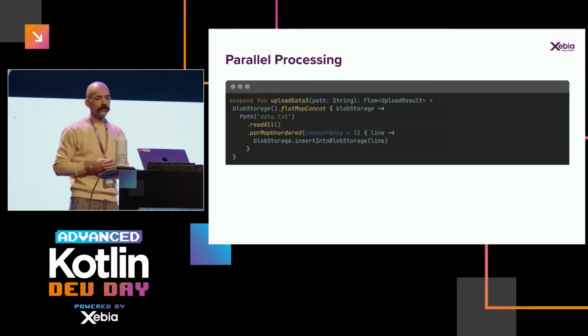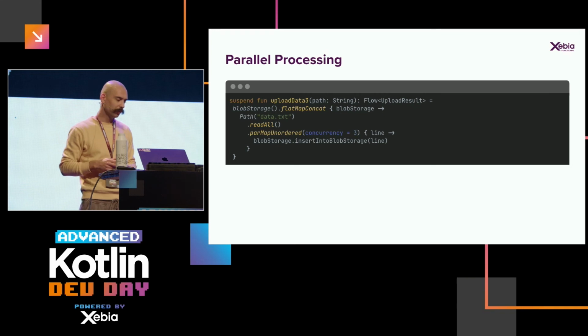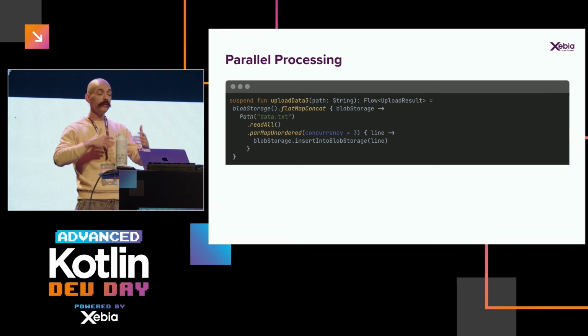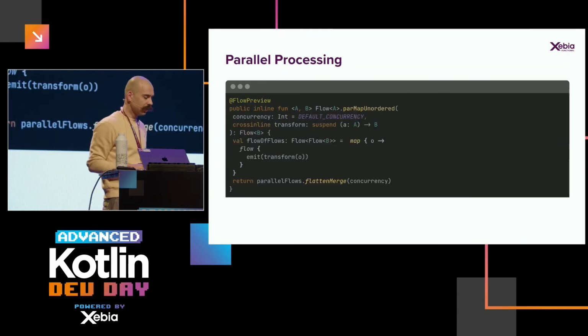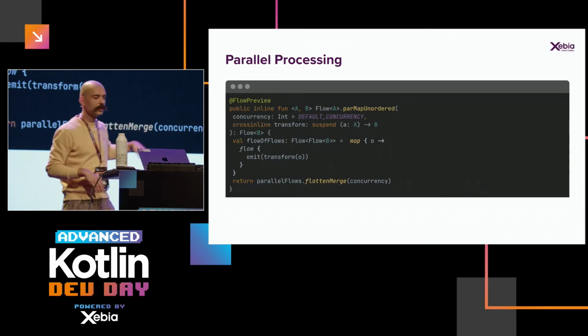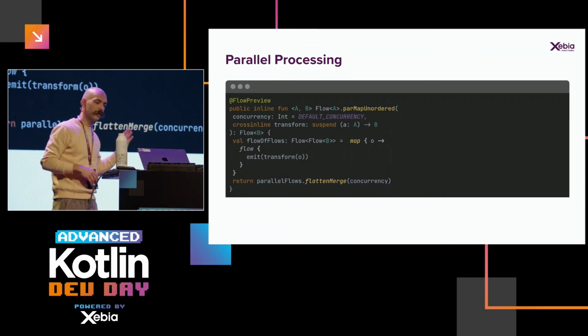The unordered word here is quite important to remember, because if we are doing parallel processing in the most efficient way, we will typically interleave elements, and that means that we lose the original order of the elements. And I will very briefly show the implementation from ArrowFX Coroutines.